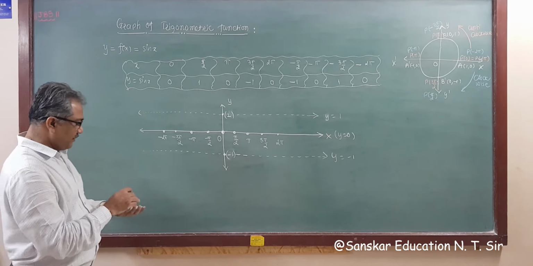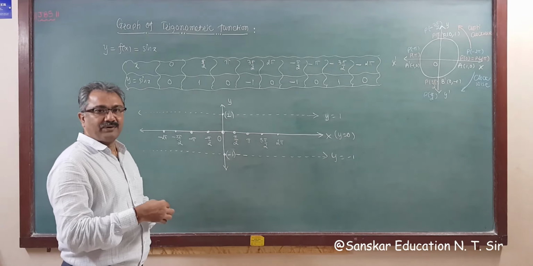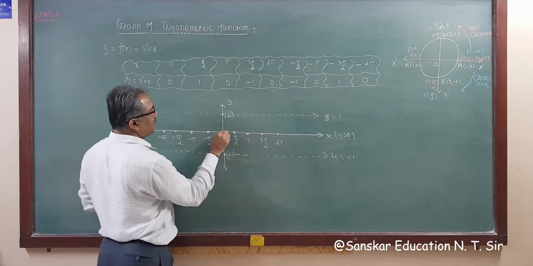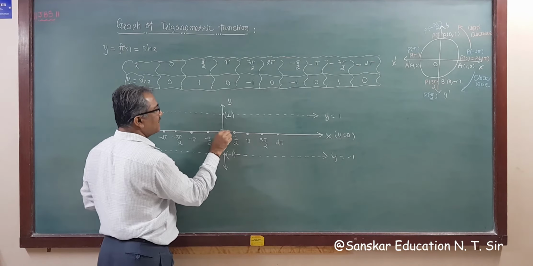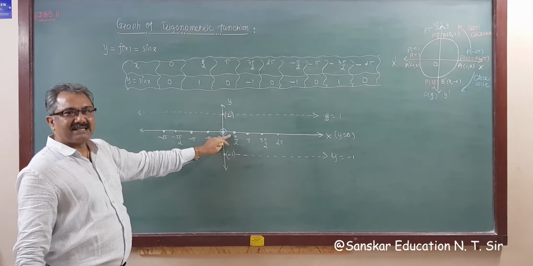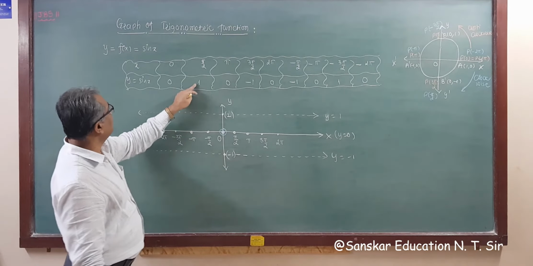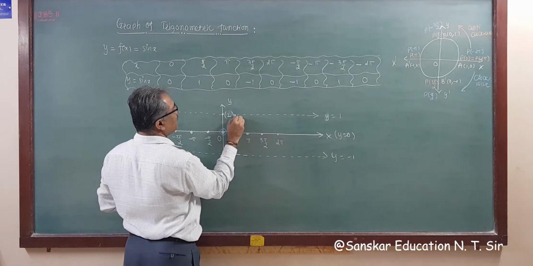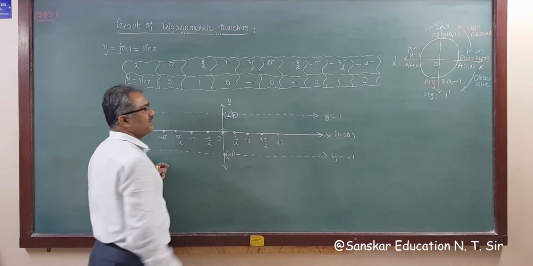Now we are plotting this graph. So first 0, 0, that is this point. Now x is pi by 2, so on the x axis is pi by 2, then sine pi by 2 is 1, so we get this point.